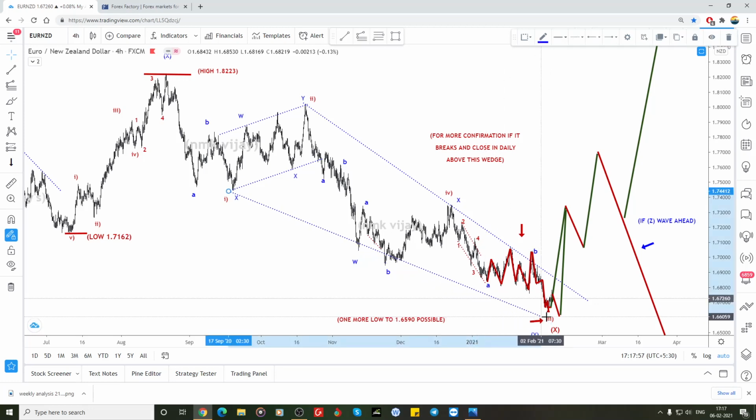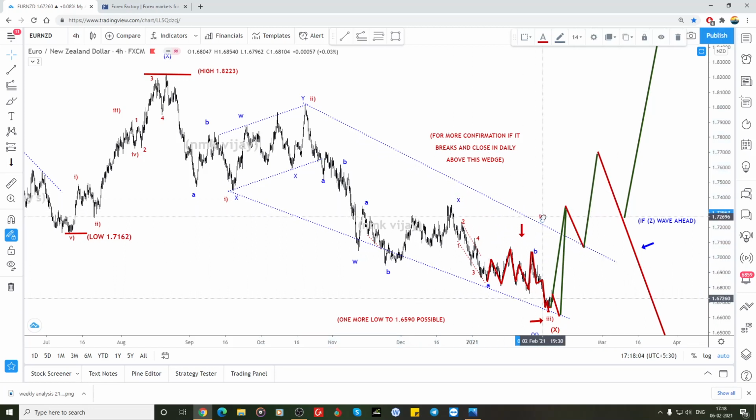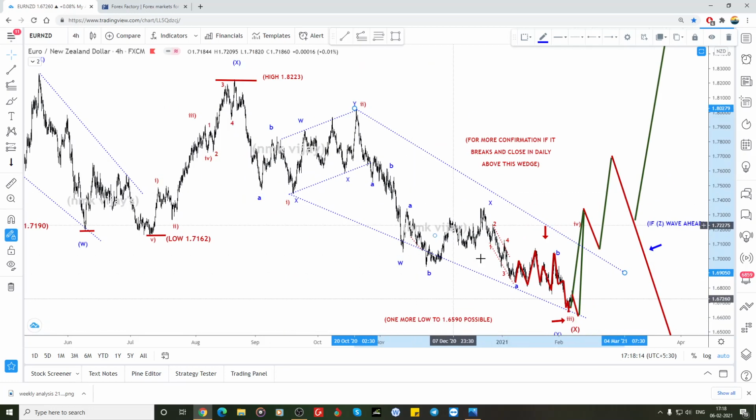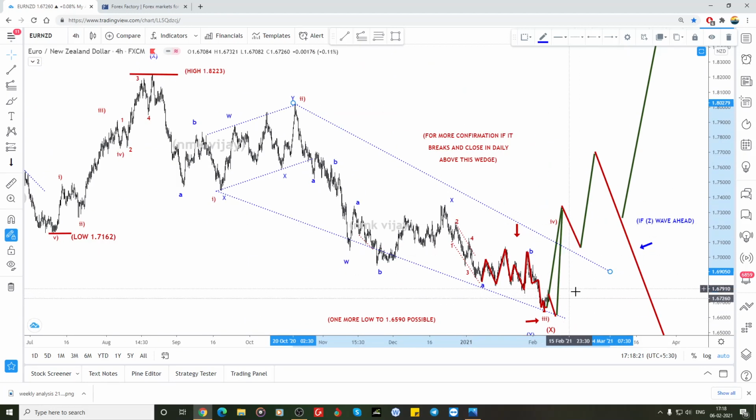So what we have to do here, we have to do the third wave, and this one will become the fourth wave here, and whether it could be here or here. So fourth wave, and one more way to the downside is also possible. So if it happened like this, or it could be doing like this as a fourth extended, this is a W, X, A, B, C as a third. After that we need to watch here, then only we come to know whether it is bullish or bearish.